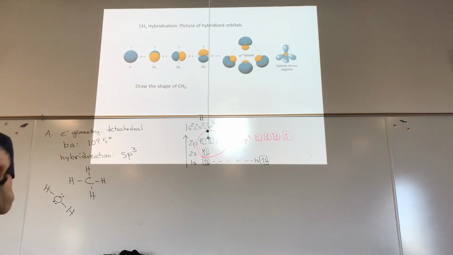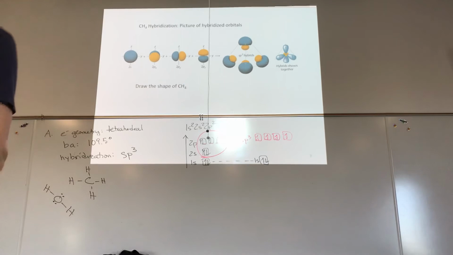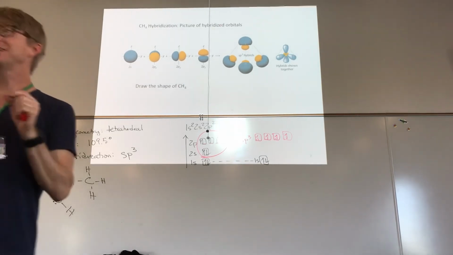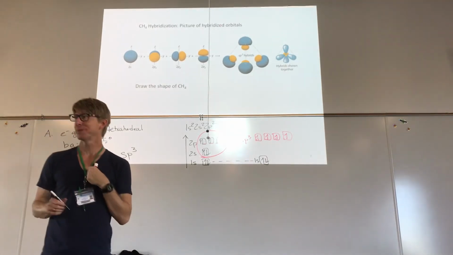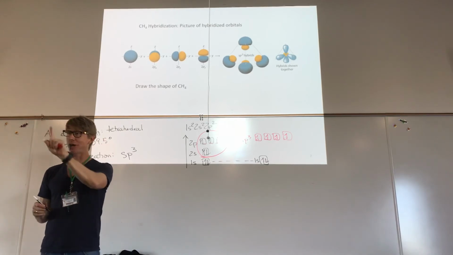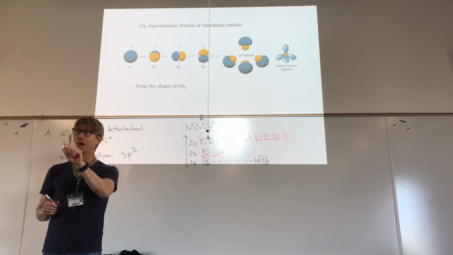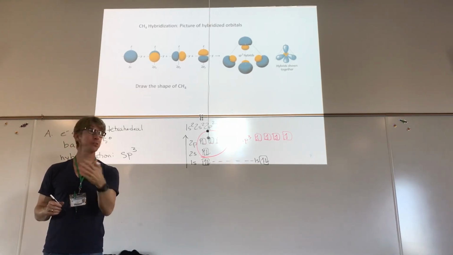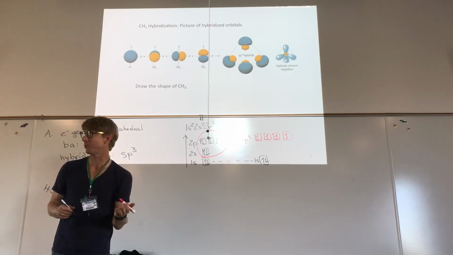CH4 is not planar. It is a 3-dimensional molecule. In my Chem 400, there is one way to draw it, if you want any points. If you want 0 points, draw it however you want.